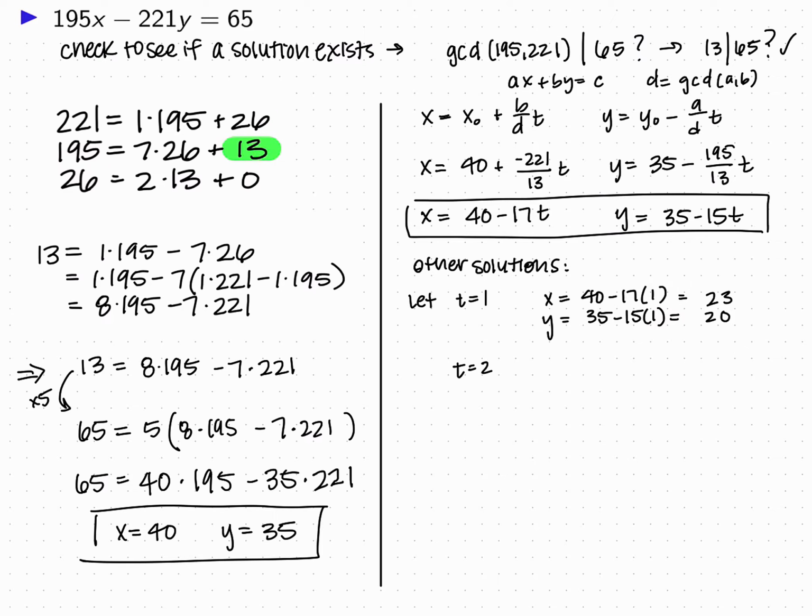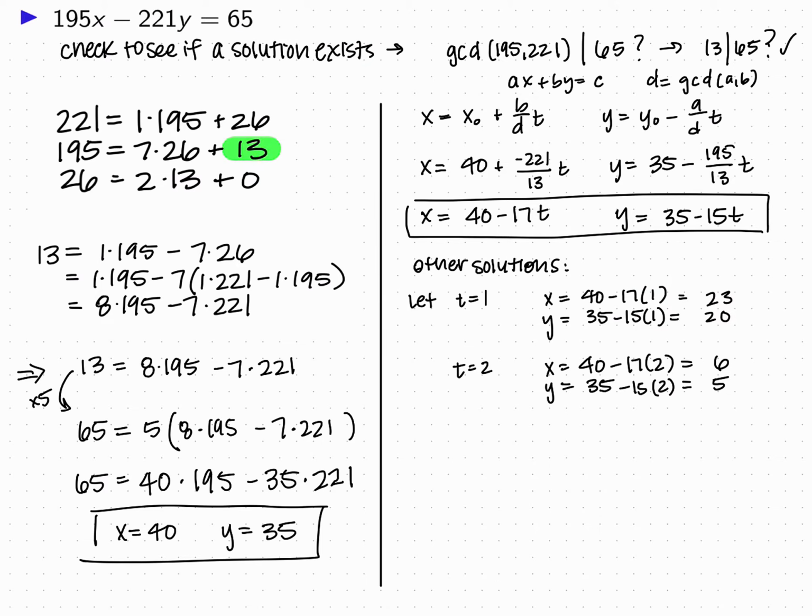We can let t equal 2. We get x equals 40 minus 17 times 2, which is what, 6? And y is 35 minus, sorry, not 17, 15. Sorry, I was copying y down incorrectly. 15 times 2, which ends up being a 5.